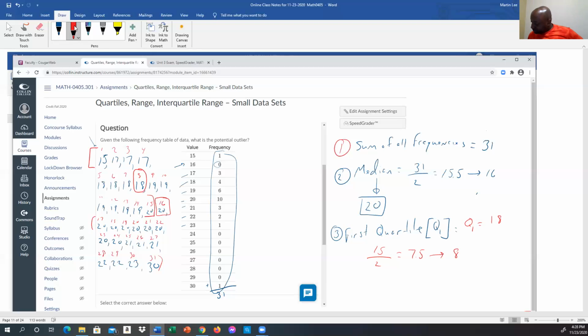Okay, next I need to find Q3, which is the third quartile.